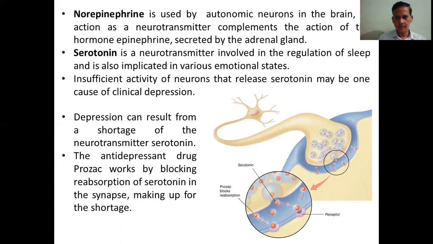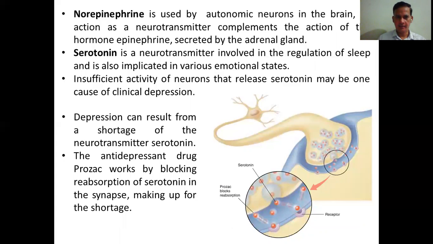Here you can see this axon is releasing serotonin. Now this serotonin binds to a specific receptor. If there is a lesser amount of serotonin released, it will lead to depression.